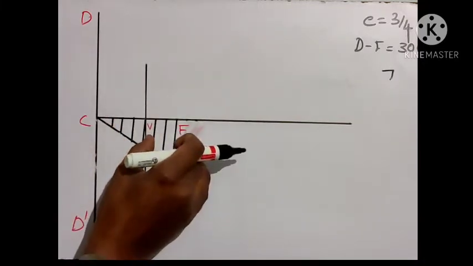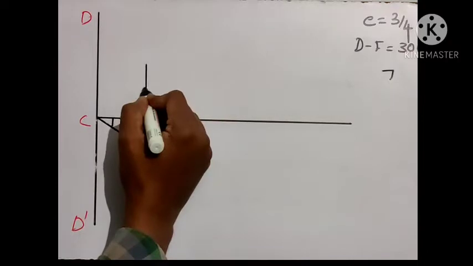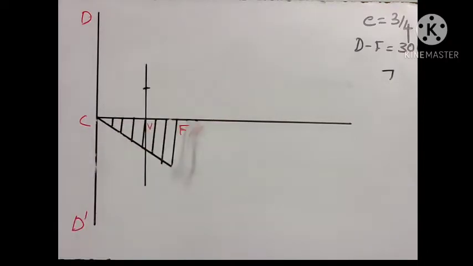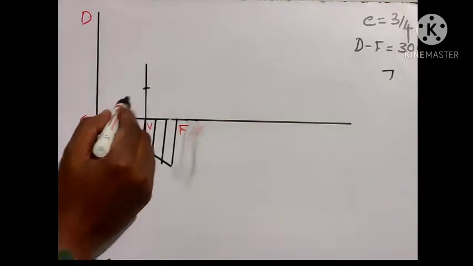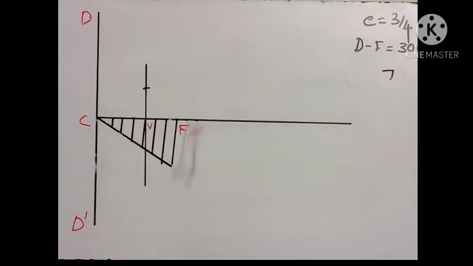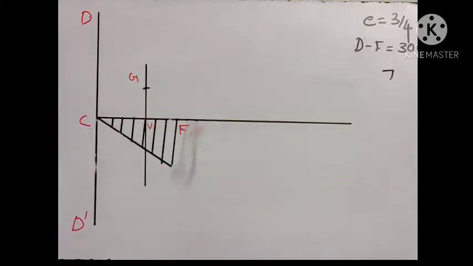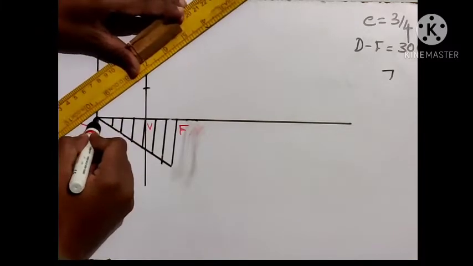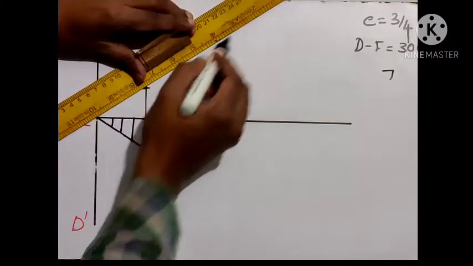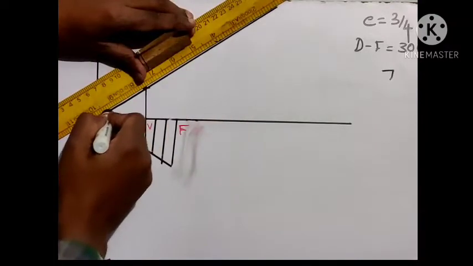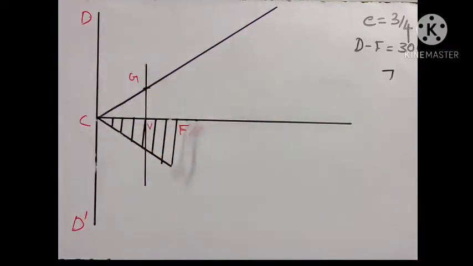Okay, so you need to connect. So let's name this point as G. Okay, you need to connect C and G, and you need to extend the line. This particular line is nothing but your guiding line. Okay, this line is called your guiding line.